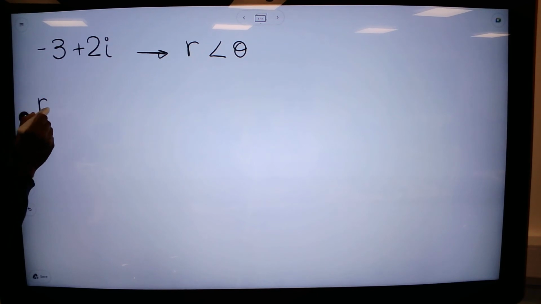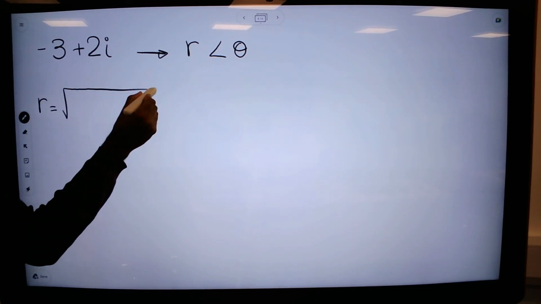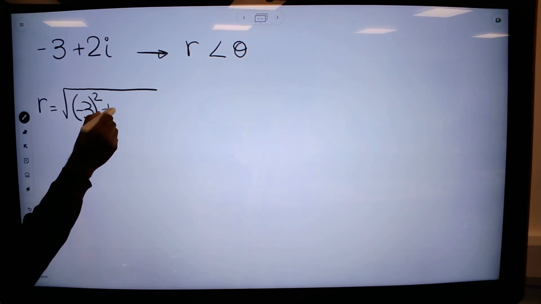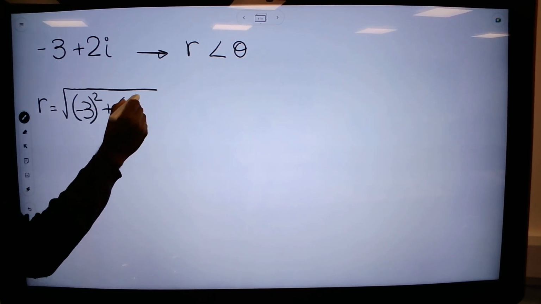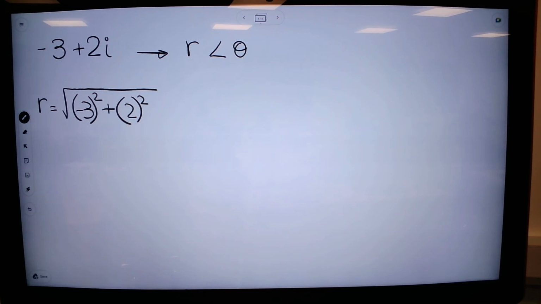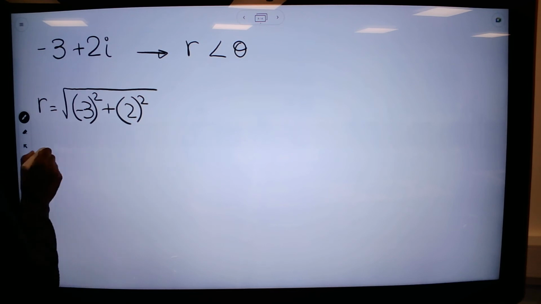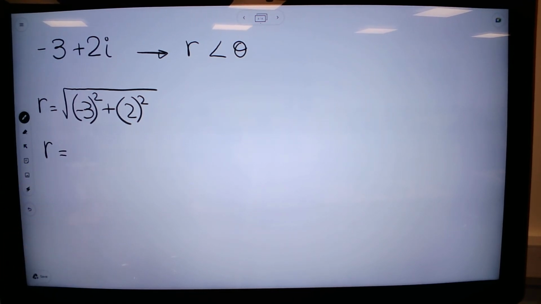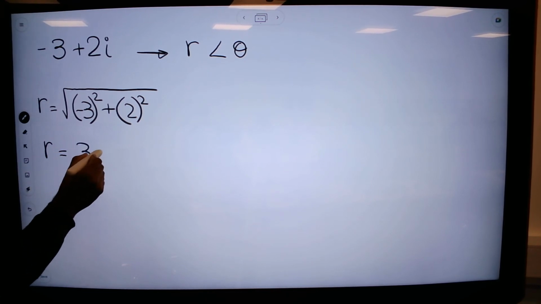First, I need to find the r, because that's the formula for r: square root of a squared plus b squared. A is that, b is that. Can someone give me the value for r, please? In decimals? 3.61. Thank you.